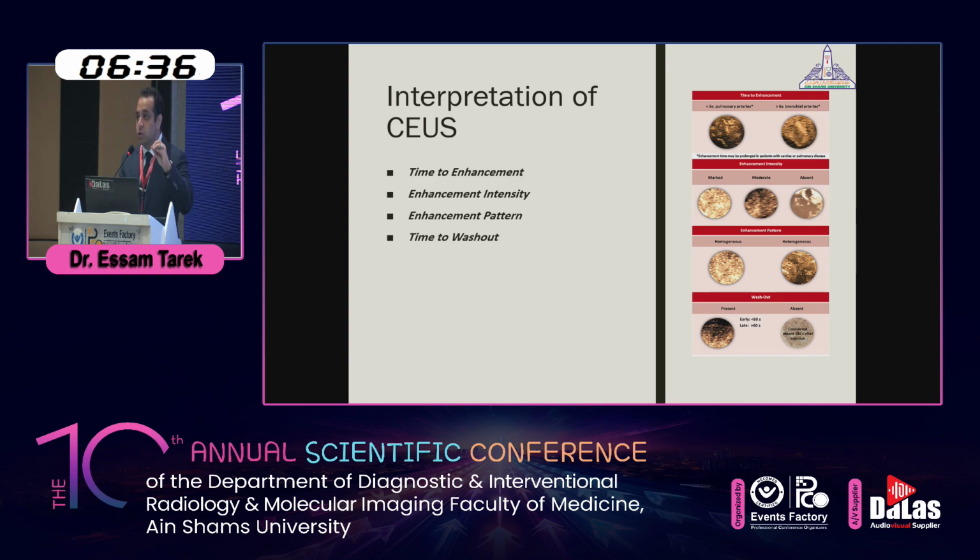The time of enhancement depends on the lesion supply, because the pulmonary circulation is faster, so there is another cut number here, which is 6 seconds. If the lesion starts to enhance at 6 seconds or less, mainly this is because it's supplied by the pulmonary circulation. If it's more than 6 seconds, that means it's more systemic circulation.